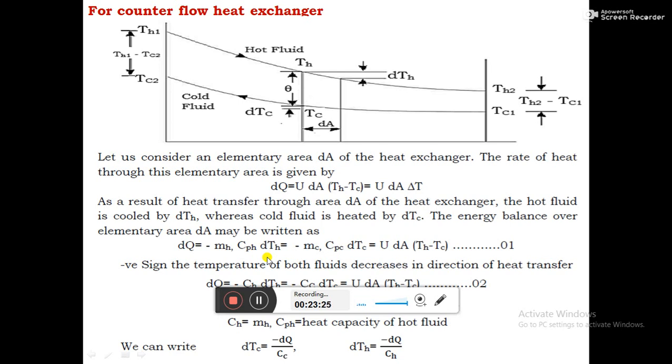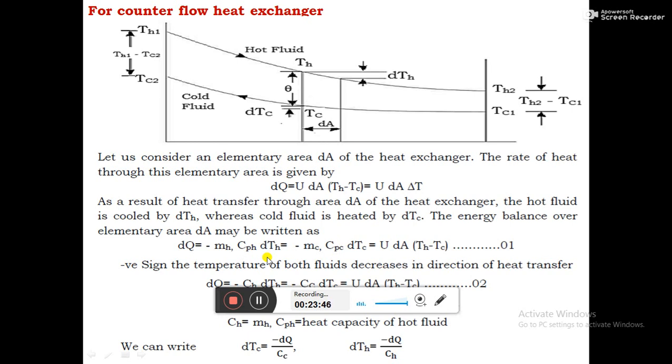As a result of heat transfer through this elementary area dA of the heat exchanger, the hot fluid is cooled by a temperature dTh, whereas the cold fluid is heated by a small temperature dTc.